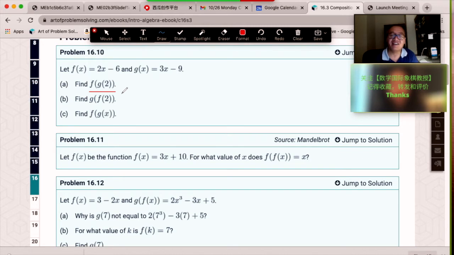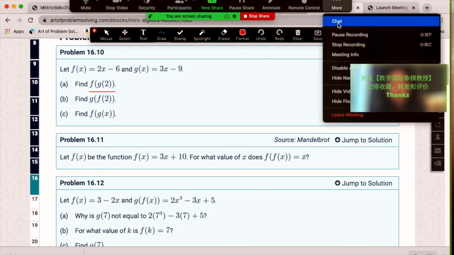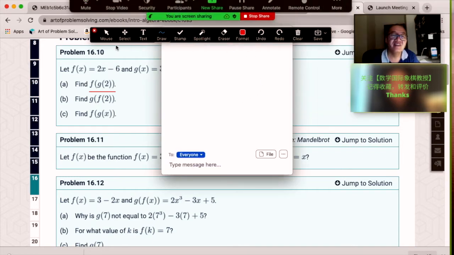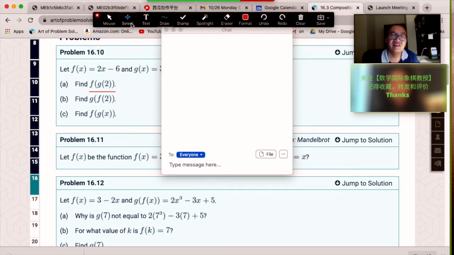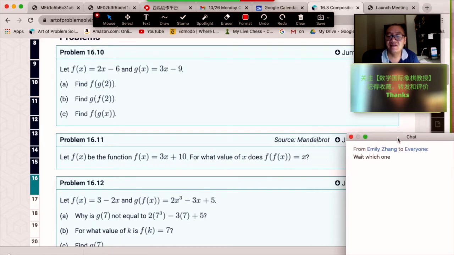Everybody, can you calculate this? Send me your answer here. What's your answer for this? See this one first, can you find g(2)?